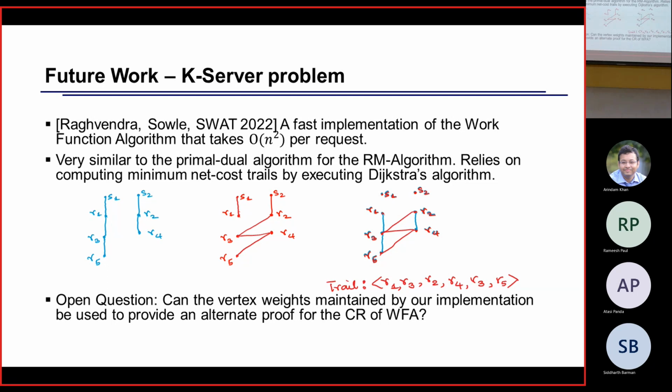Whether you can get a constant would be an interesting question. Second, if the distribution is unknown, can you get something better than log n? I believe that is also something like that.